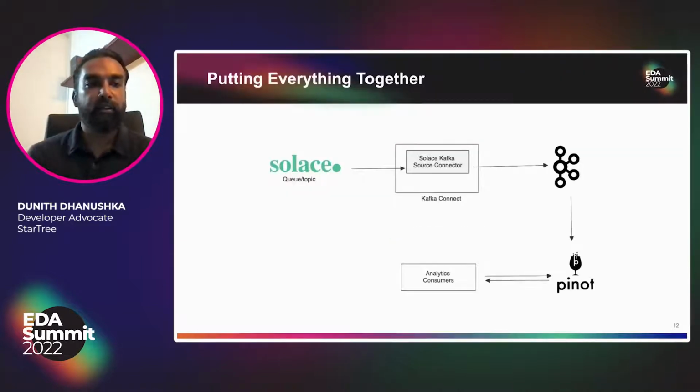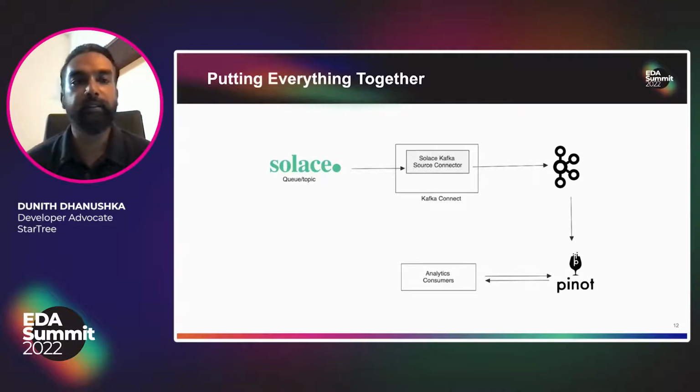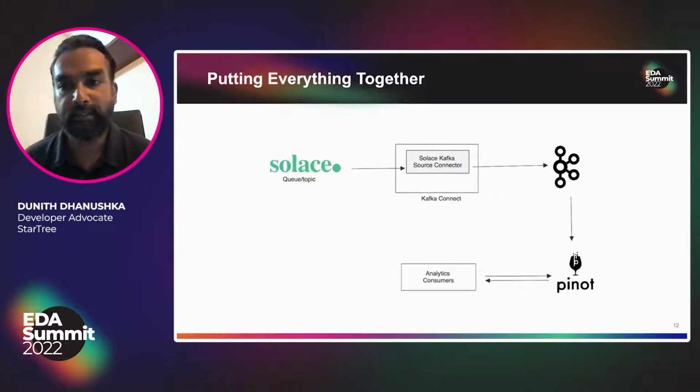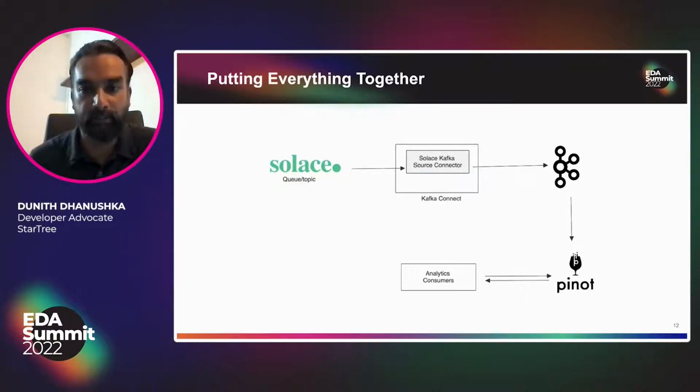All right, now let's see how we put all these technologies together. There are a couple of ways we can do that, and we can treat this as a reference architecture for building a data analytics infrastructure with Solace.